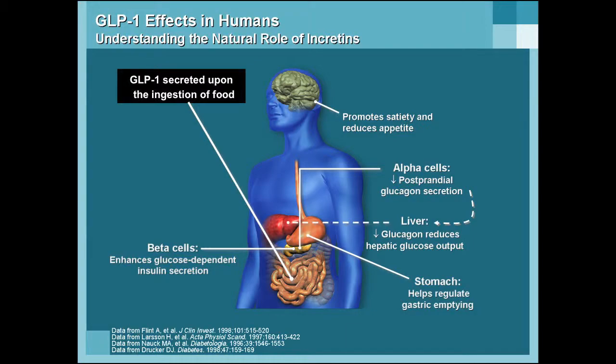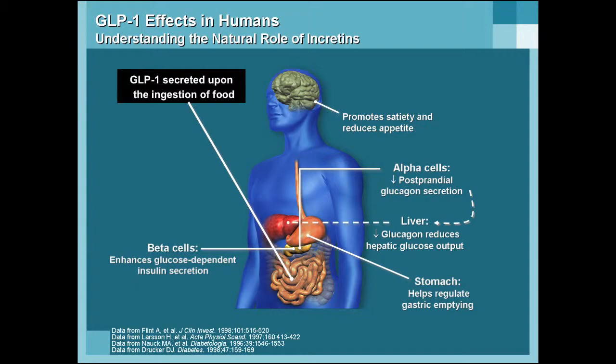And this is very important because there are two substances that cause that incretin effect, one of which is called glucagon-like peptide number 1, GLP-1, and the second one is called GIP, and they are secreted after we eat. And they cause an increase in insulin secretion. They will suppress glucagon secretion, and by doing that, they decrease hepatic glucose production.